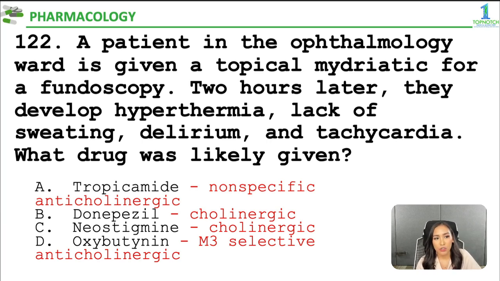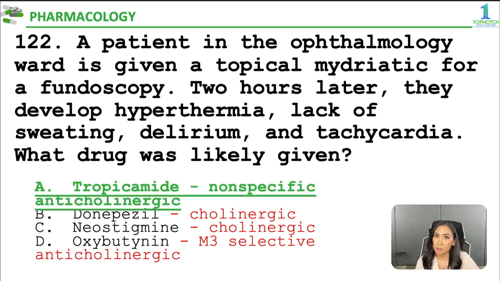So, we are left with choice A and D. But, oxybutynin is M3 selective. What's M3? M3 is for glands lang. But, look at the patient. Merong tachycardia, delirium. So, very widespread yung effects. So, this must be due to a non-specific anticholinergic drug poisoning, which is tropicamide.